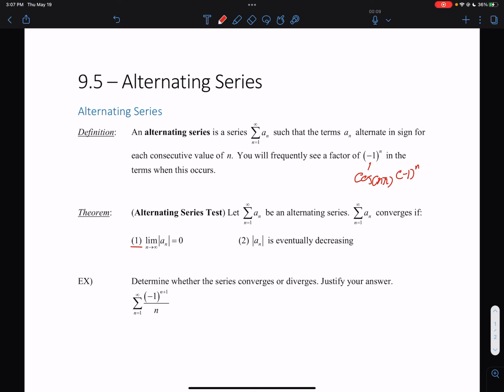If the limit does not equal 0, then the alternating series test won't apply, and we apply the divergence test to conclude divergence. If the first condition is satisfied, we can check the second condition, which is that the absolute value of a sub n is eventually decreasing.